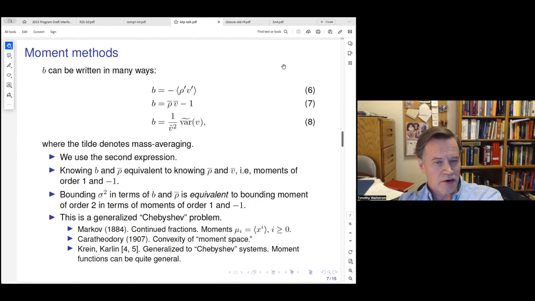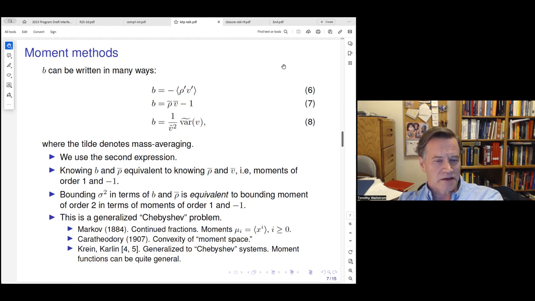And you can see that knowing B and rho bar is equivalent to knowing rho bar and V bar. In other words, knowing the moments of order 1 and minus 1. So our problem of bounding sigma squared in terms of B and rho bar is equivalent to the problem of bounding a moment of order 2 in terms of the moments of order 1 and minus 1.